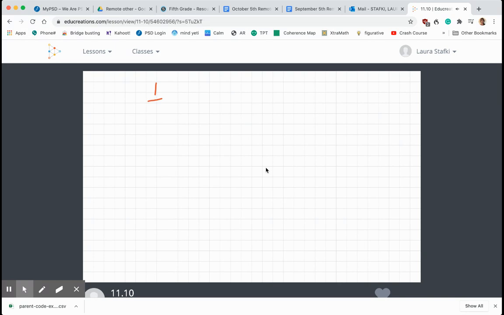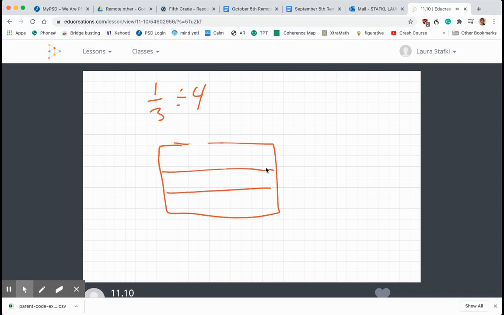So 1/3 divided into 4 equal parts, you're going to divide it into thirds, and actually on the worksheet, they divide it into thirds this direction. And then you're going to divide it into the 4. So there's the 1/3 that we're talking about, into 1, 2, 3, 4 equal parts.